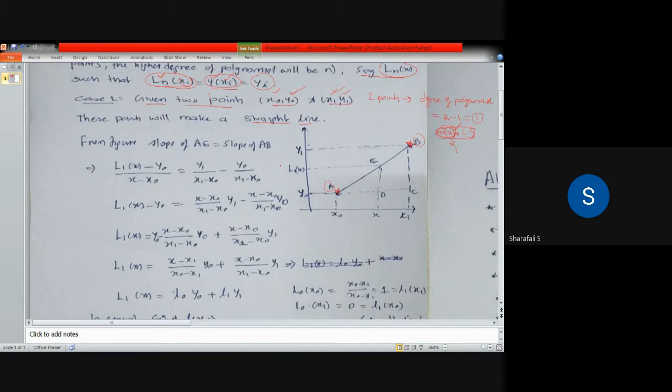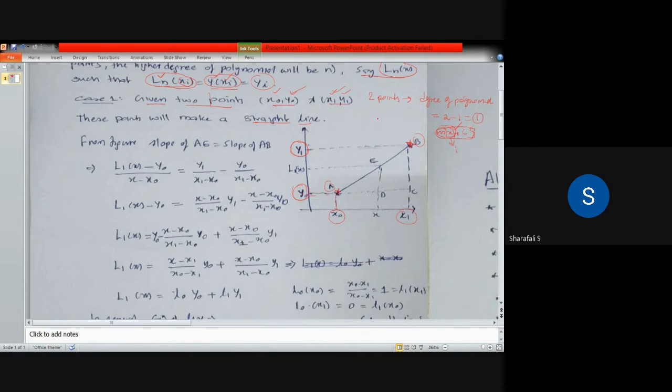Okay, so from the figure, this is y1, and this is y0. On the y-axis, we have y0, and correspondingly, we have the x value, which is x0. For x1, we have the y1 value corresponding to x1. That is the 2 points that we have.